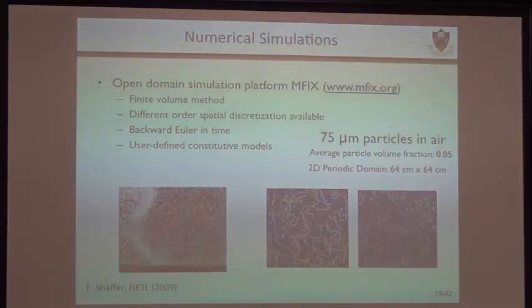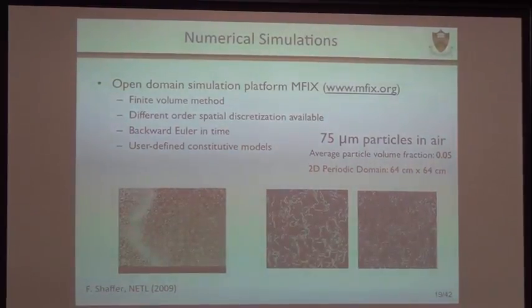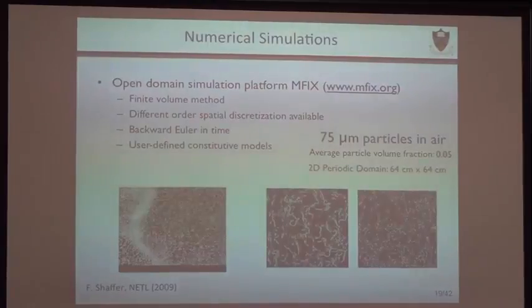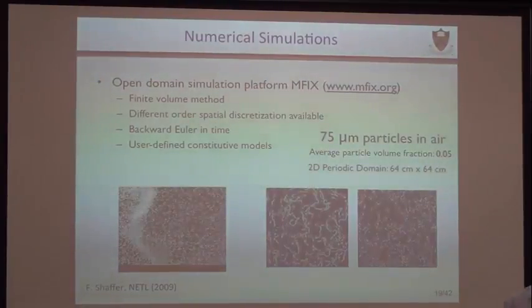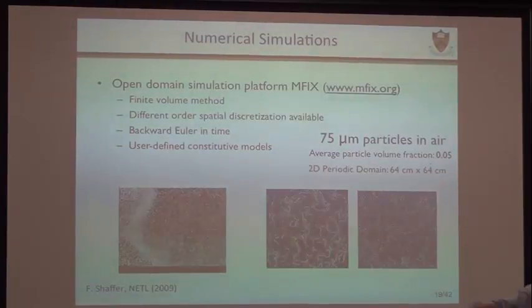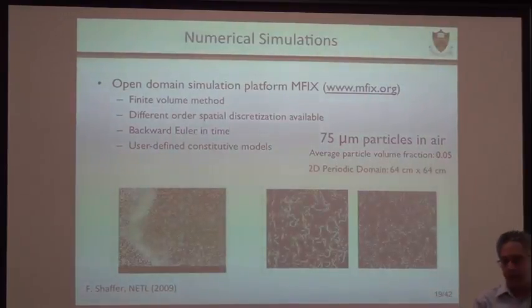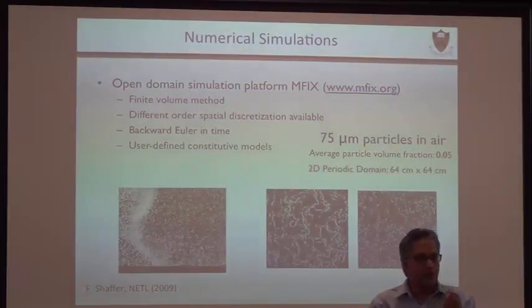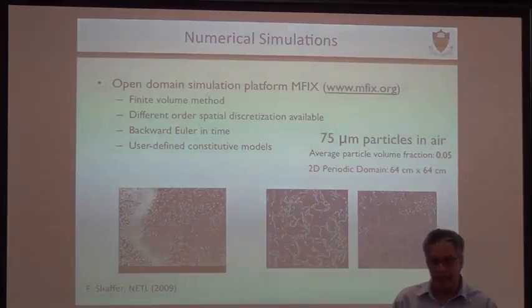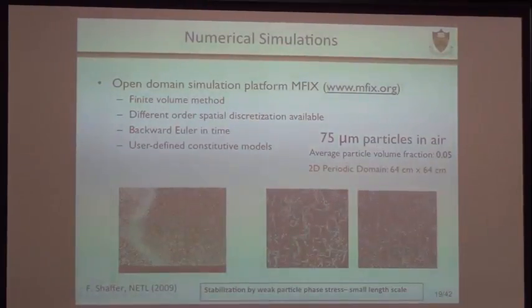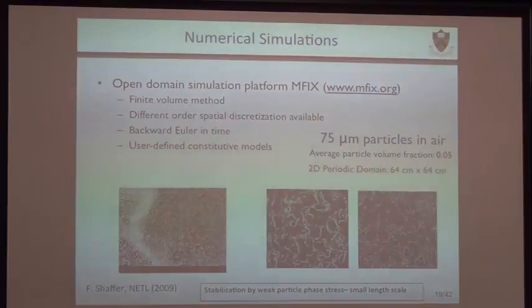This kind of fine structure happens because the stabilizing force that comes from the collisions between the particles is extremely weak. So the destabilizing force is very strong and the restabilizing force is very weak, so you end up getting fine structure. That's why you get small things.